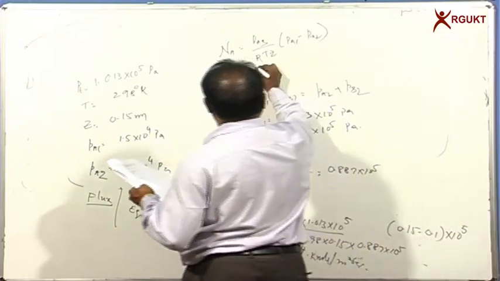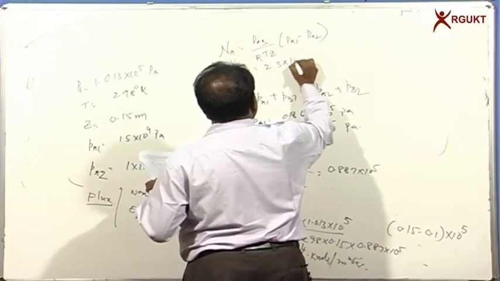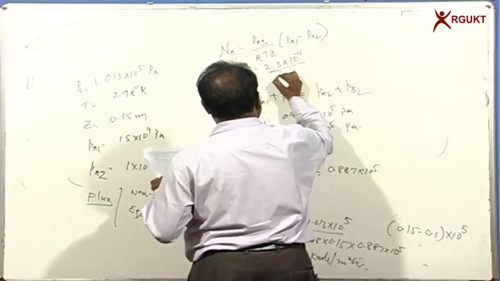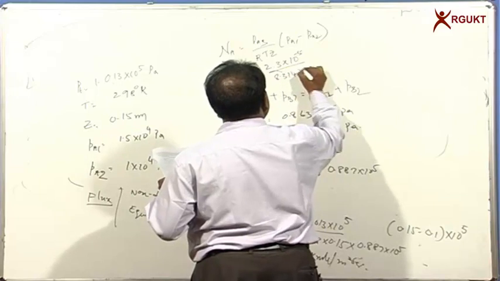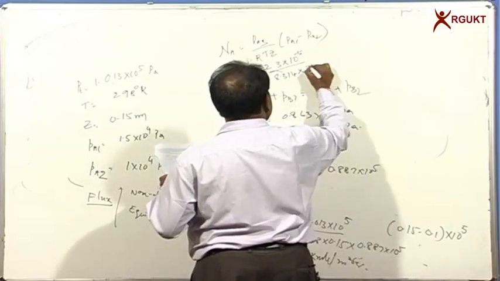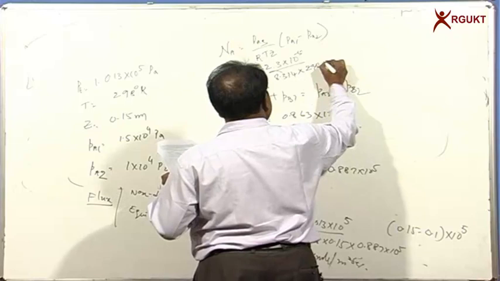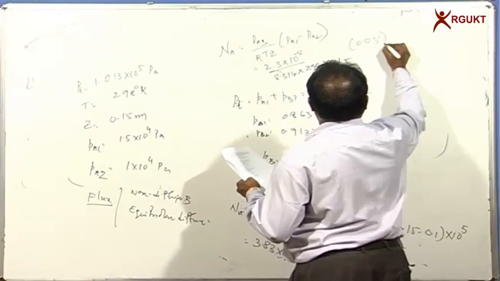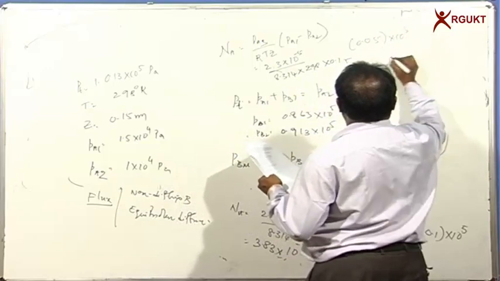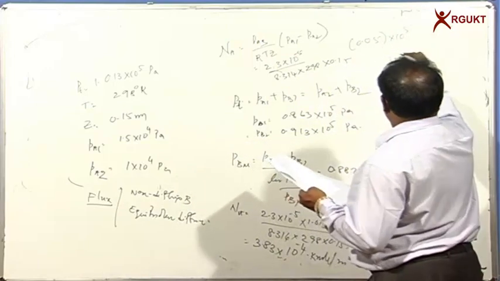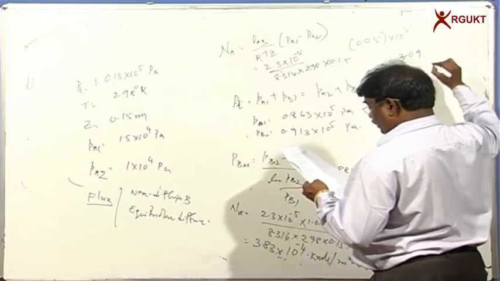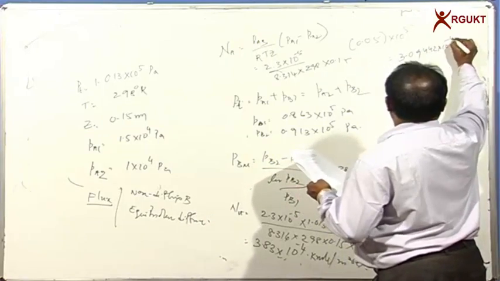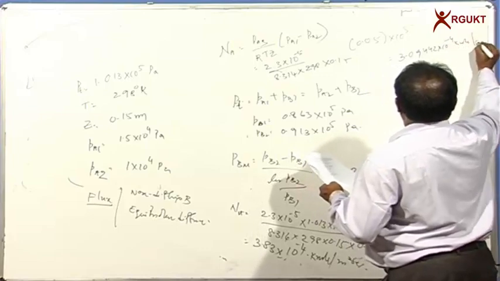Plugging in the values, 2.3 into 10 power minus 5 divided by 8.314 into 298 into 0.15, multiplied by 0.05 into 10 power 5, that is equal to 3.09442 into 10 power minus 4 kilomoles per second.